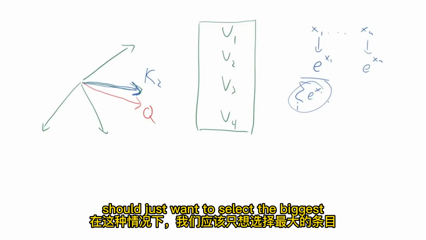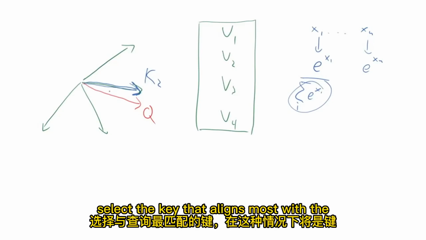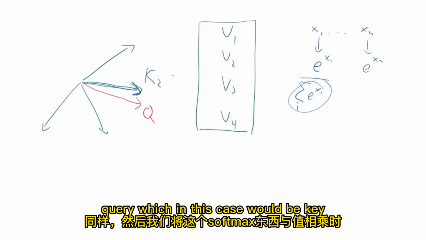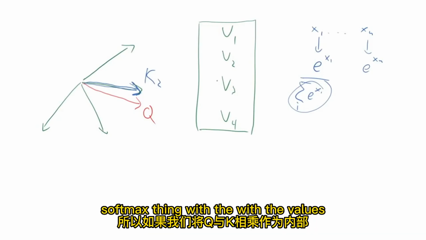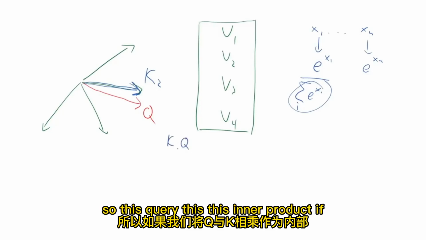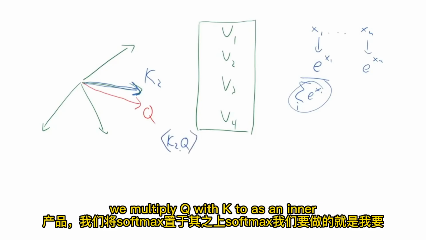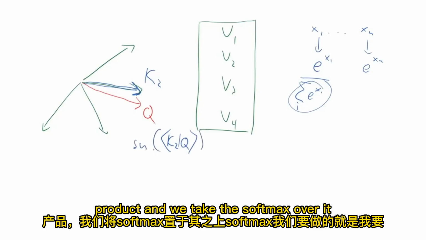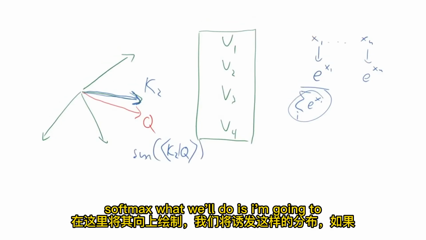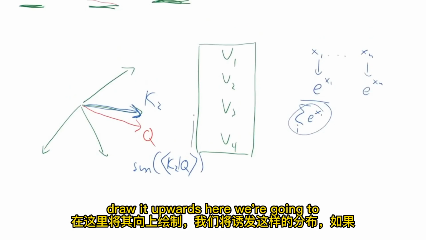In this case here, we select the key that aligns most with the query, which in this case would be key 2. And then when we multiply this softmax thing with the values, so this query, this inner product, if we multiply Q with K2 as an inner product, and we take the softmax over it, what we'll do is, I'm going to draw it upwards here, we're going to induce a distribution like this.